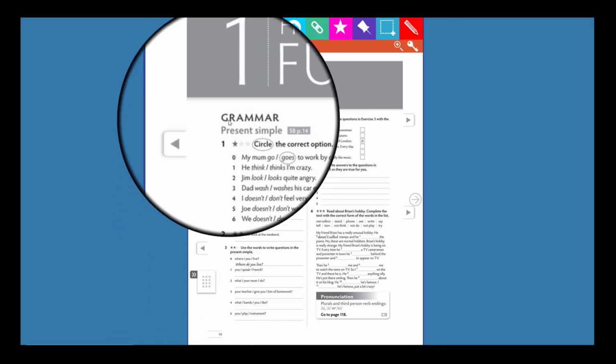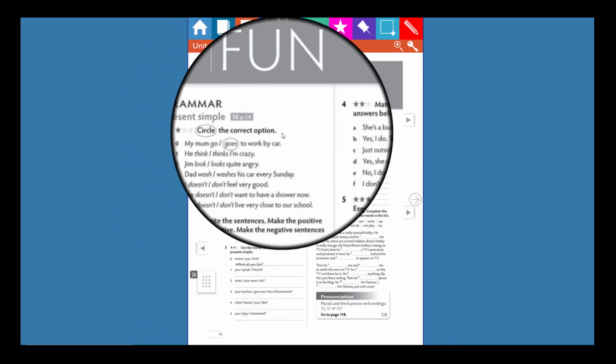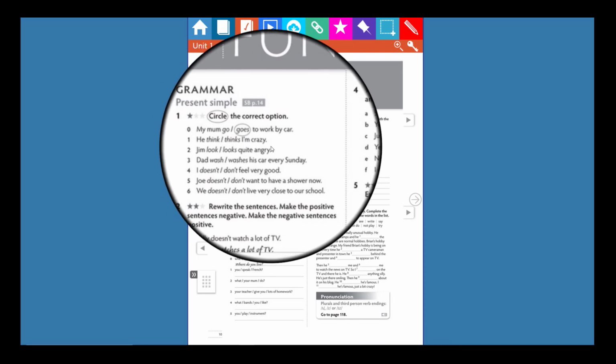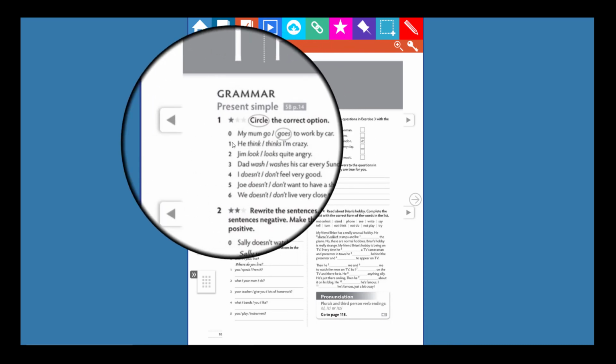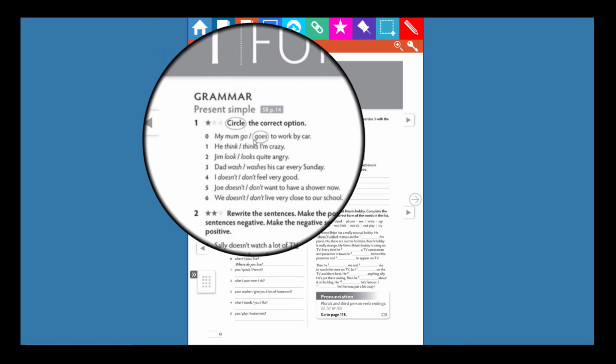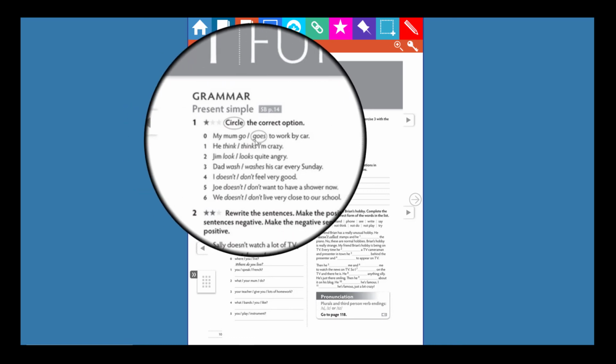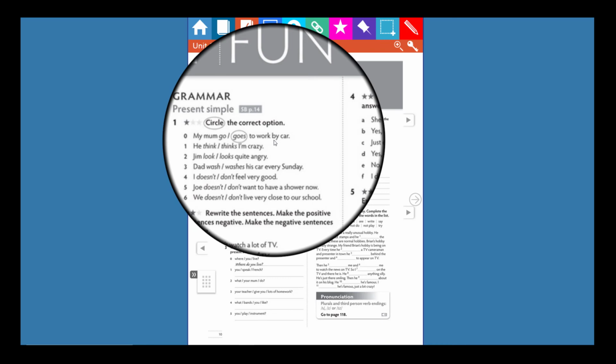Number 1, circle the correct option. So here we have different sentences and different options. So you have to circle the correct one. For example, number 0, my mom go or my mom goes to work by car.